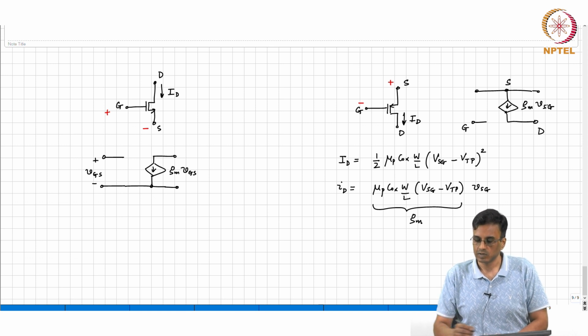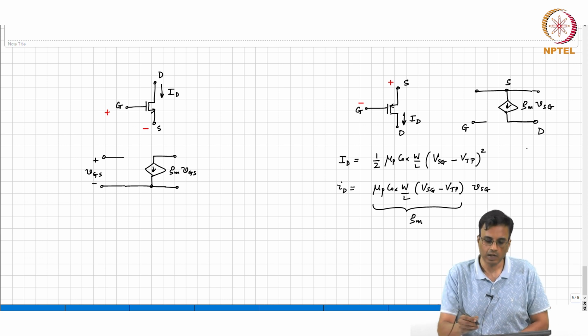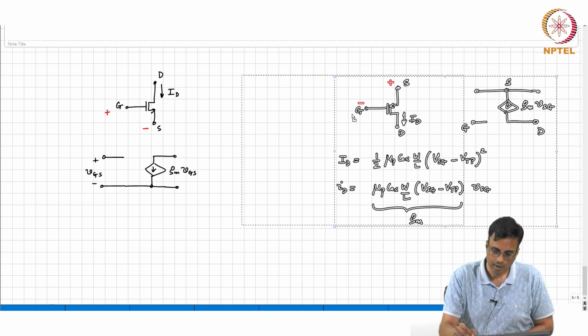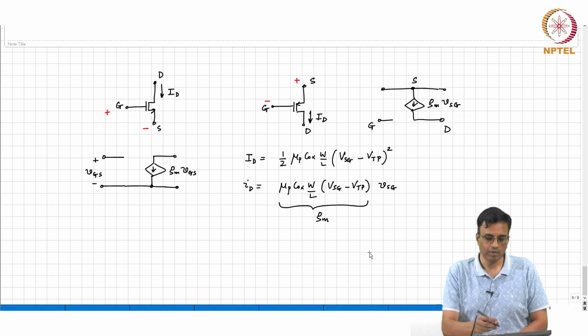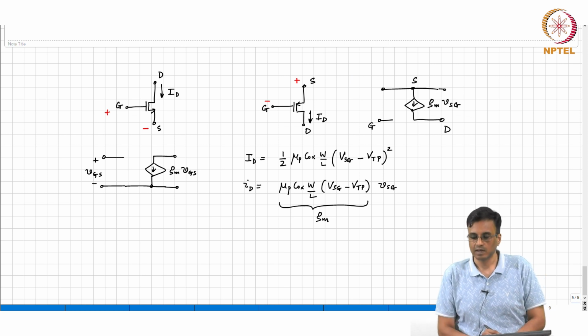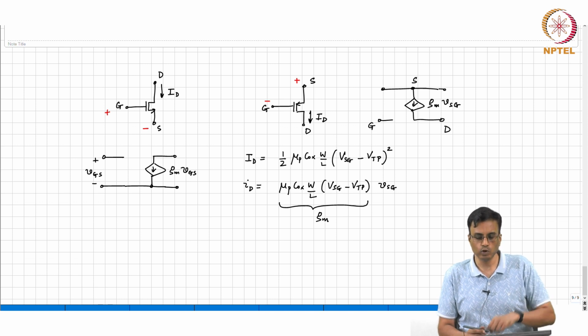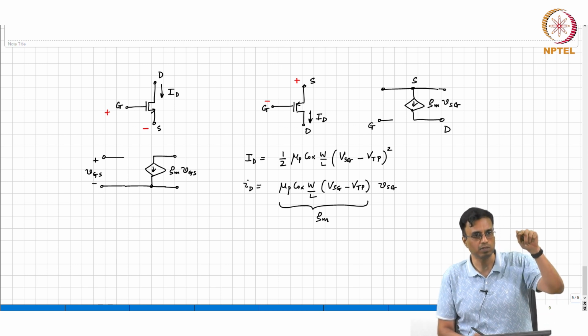Okay. So, now it is kind of a bit strange that, remember, in the absolute circuit, the absolute voltage of the source in the PMOS transistor will be higher than the drain, correct.